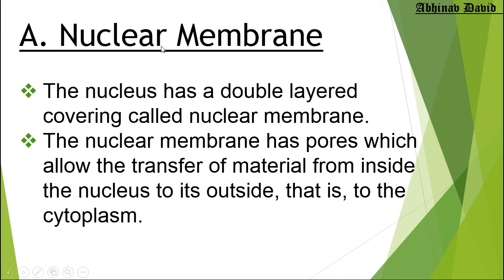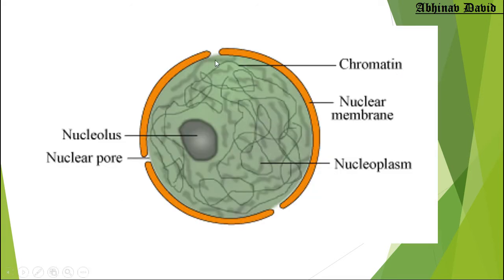The first part is the nuclear membrane. As you can see in the diagram, the nucleus is covered by a membrane, and it is not a single membrane, it is a double membrane bound structure, means it consists of two membranes, the outer nuclear membrane and the inner nuclear membrane.